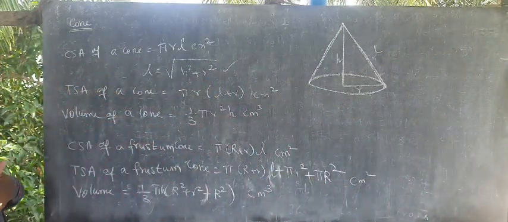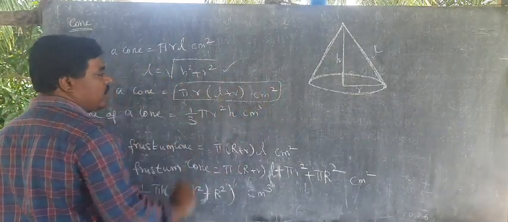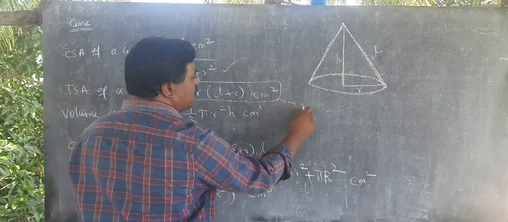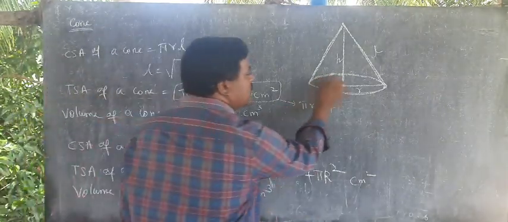And then TSA of a cone. TSA of a cone is pi r into L plus r. How do we get this formula? Pi r L, the CSA, plus the area of a circle, pi r square. Taking pi r as common, we get pi r into L plus r. For a cylinder we have a top and bottom, but for a cone we have only one area of a circle.